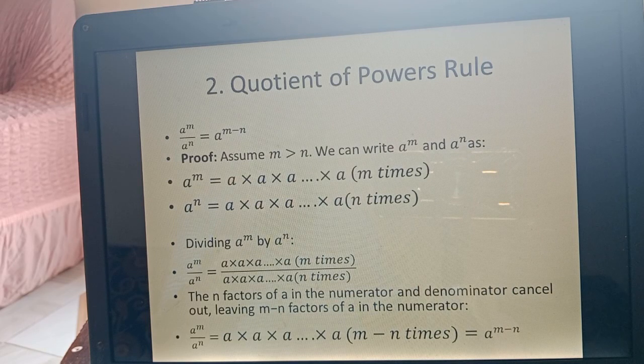Therefore, we can now write a to the m and a to the n the way we had written before in the product rule. And when you divide now a raised to m by a raised to n, the n factors of a in the numerator and the denominator cancel out.